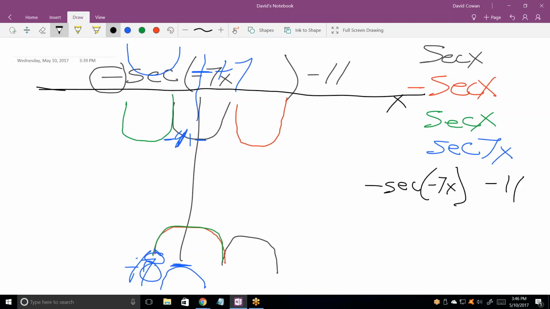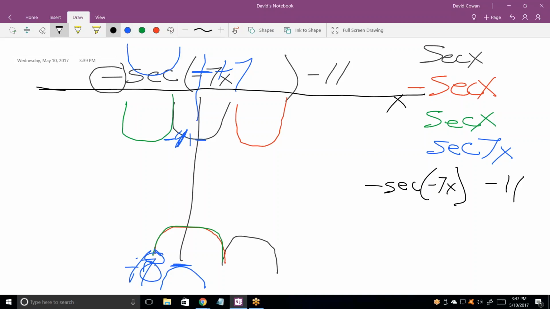Now, if we go back and stick that 2 pi in there, it doesn't change anything. Our answer is still the blue curve.